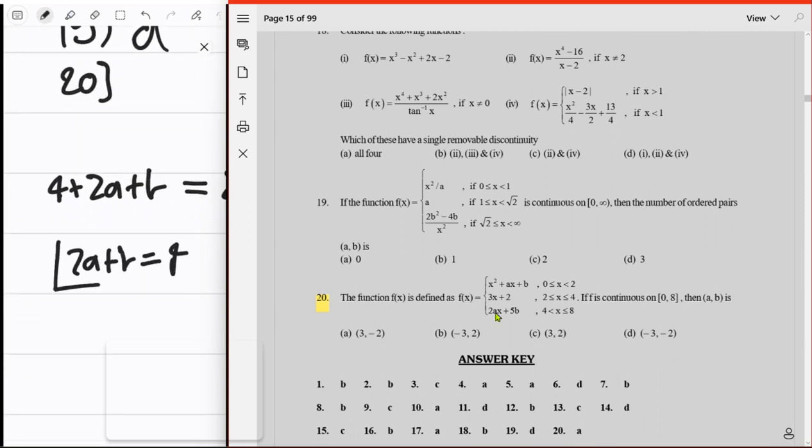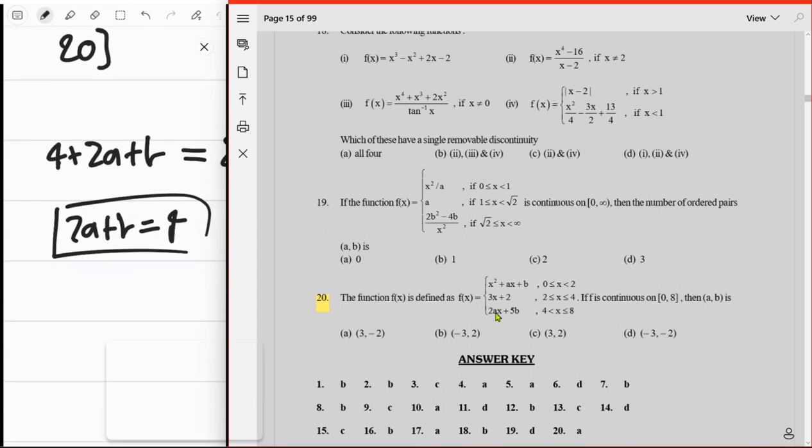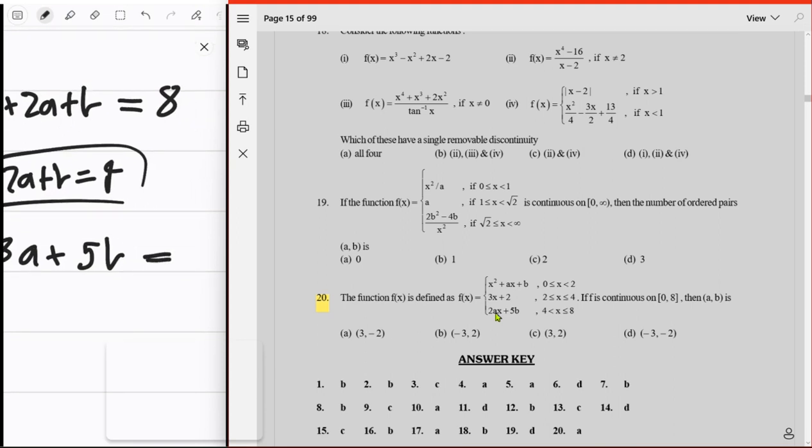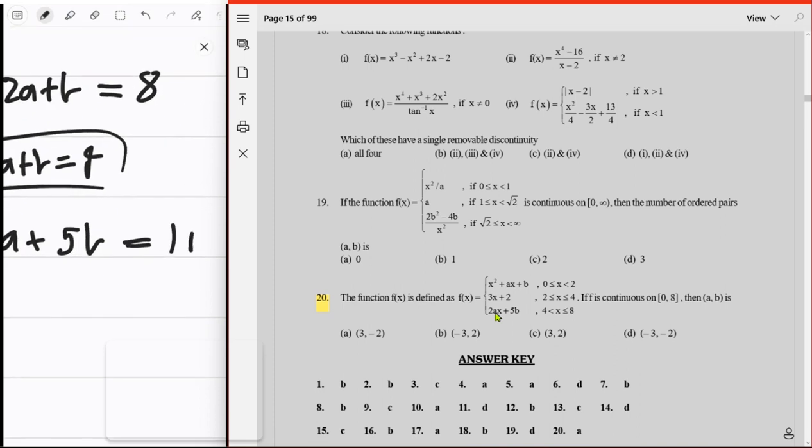That's our first equation. Then the next one is when you put x equal to 4 in there. Okay, so you're gonna get like 8a plus 20. Sorry. Yeah, okay, wait. No, that's just b over there. It doesn't have an x over there. Okay, this should be the thing, right? 8a plus 5b is equal to, when you put 4, it's just 12 plus 2, which is 14.